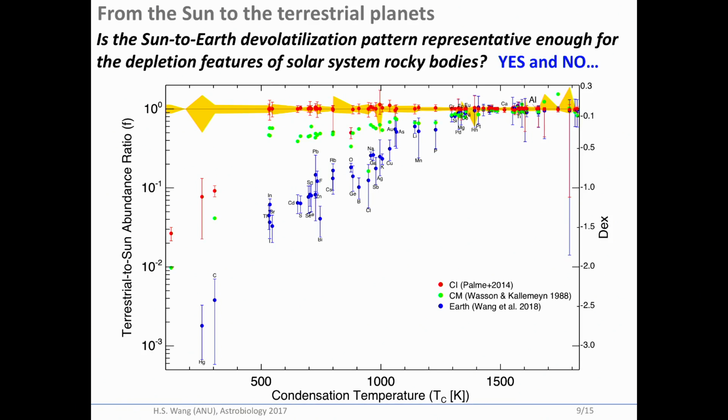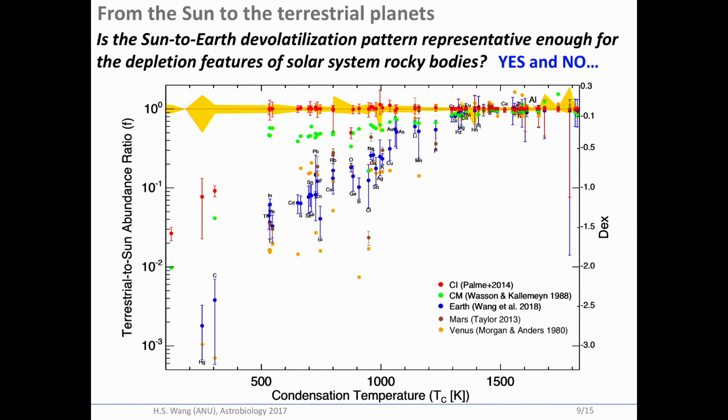On the first hand, if we compare the planet Earth and a CM group of chondrites in the green dots and a CM chondrite at the red dots, we do see this systematic difference of elemental depletion between these rocky bodies. However, if we focus on the terrestrial planet zone, in terms of Mars, Venus, and Earth, their depletion features, their differences are really indistinguishable, based on the current data we have for Mars and Venus.